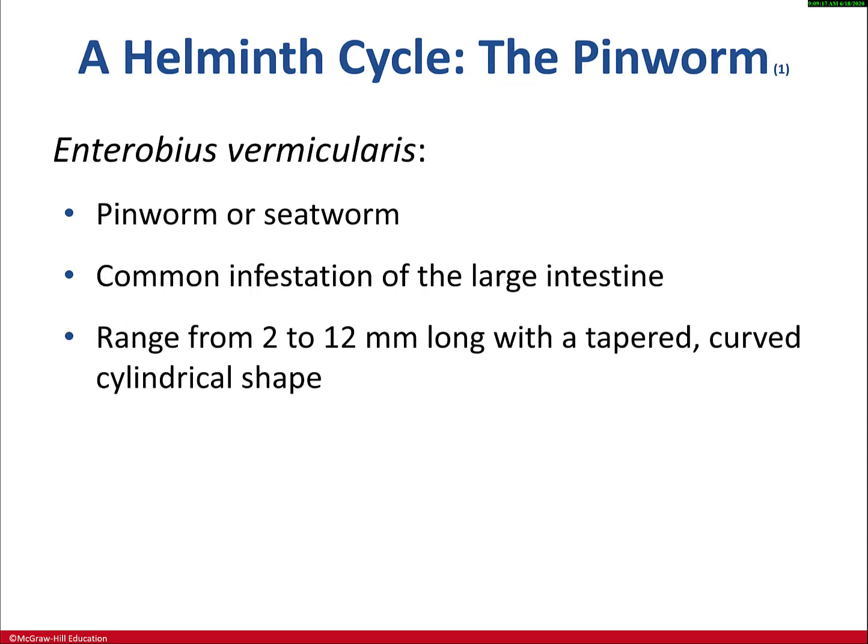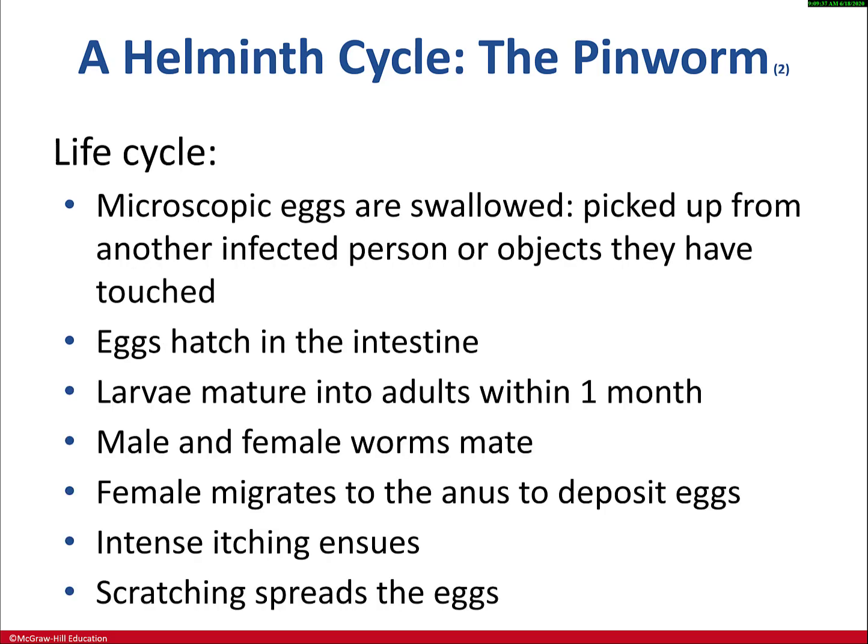There are pinworms or seatworms, and children can get pinworms. Sometimes you see them come out at night around the anus, and they wave to you. It's really nice. They are a common infestation of the large intestine, and they're large enough that you can see them. In the life cycle, microscopic eggs are swallowed, picked up from another.